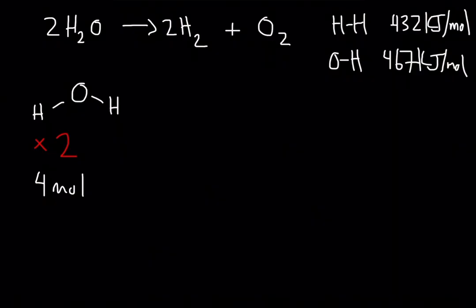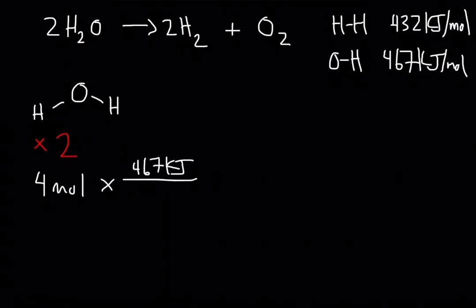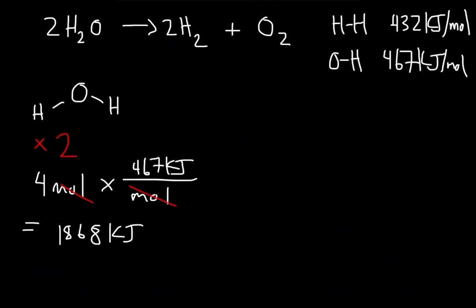Then we multiply by the bond energy, 467 kilojoule per mole. Notice that the unit mole cancels out. This is exactly what we want because it's a bond energy. So 4 times 467 is 1868 kilojoule. That's the amount of energy it takes to break the bonds.